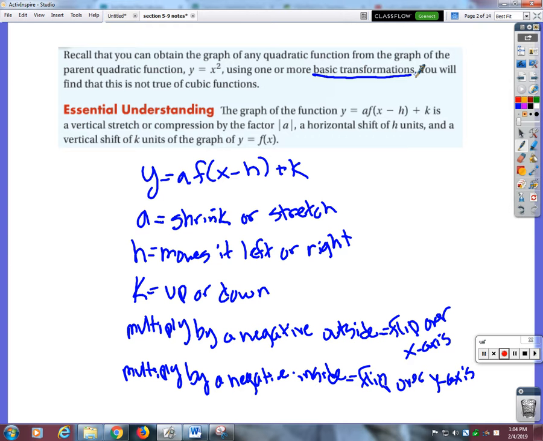Outside the parentheses or inside the parentheses? Kind of, yeah. Are you ready for an example to make more sense? Okay.